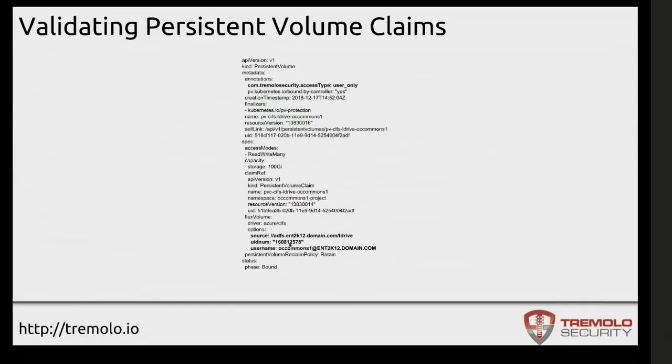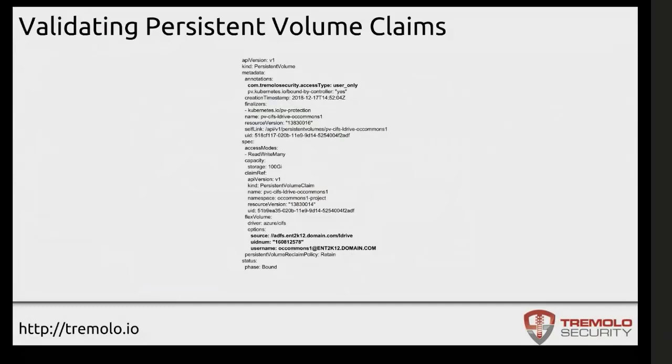Then this is the UID number that comes out of IPA and the user's account. So that tells us everything we need to know to authorize it. If anybody besides OC Commons 1 wants to claim this persistent volume, it'll fail, and it fails because we wrote into OPA how to authorize that.